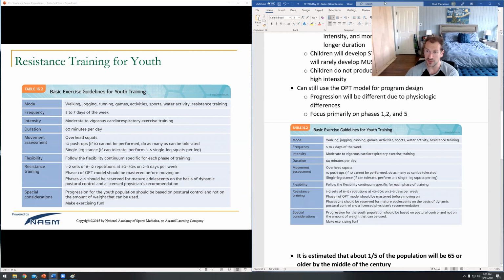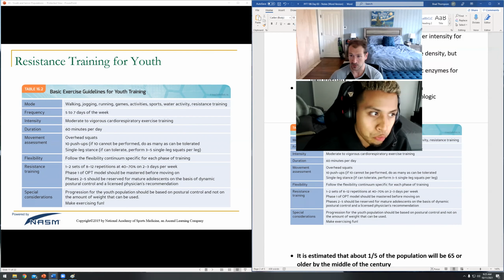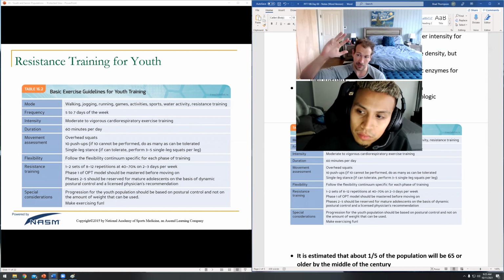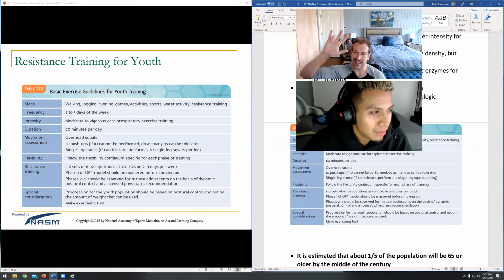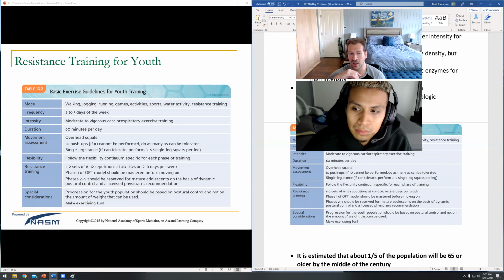But the mode of things that we prefer for youths, remember our FIT principles, right? Frequency, intensity, time, type, enjoyment. The type is going to be walking, jogging, running. Those are all going to be fine.